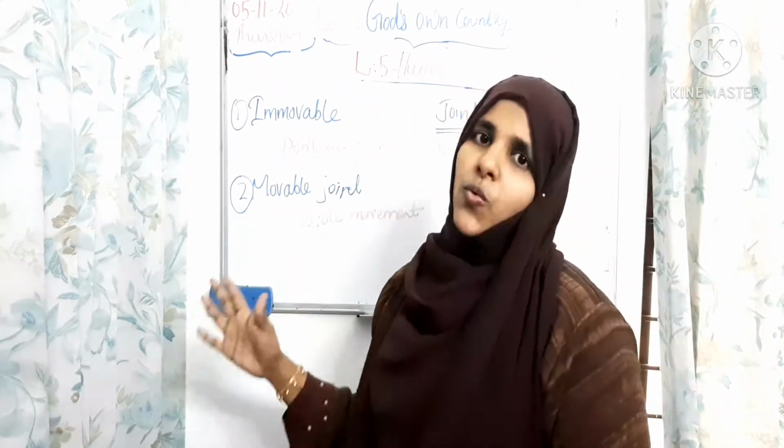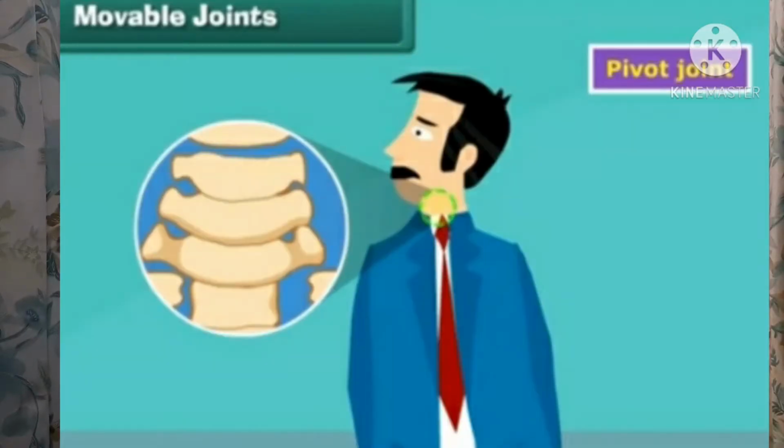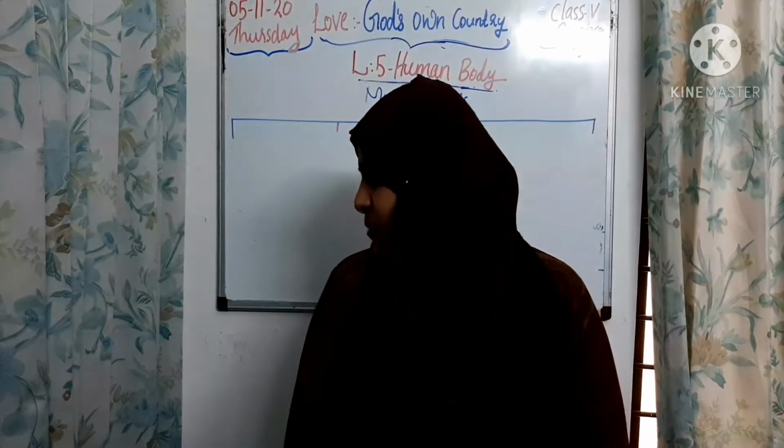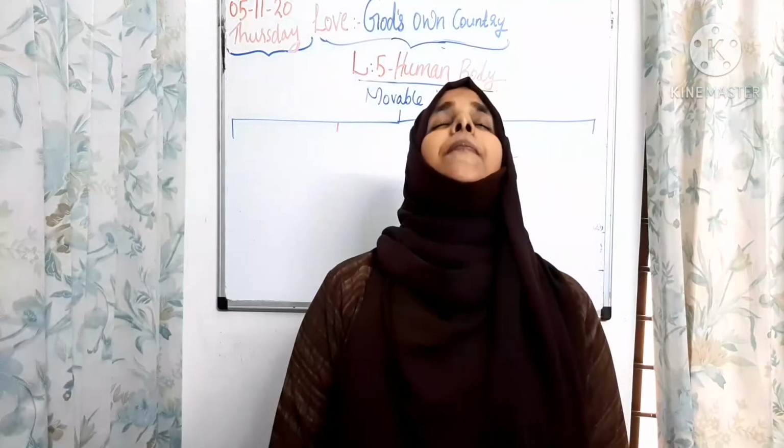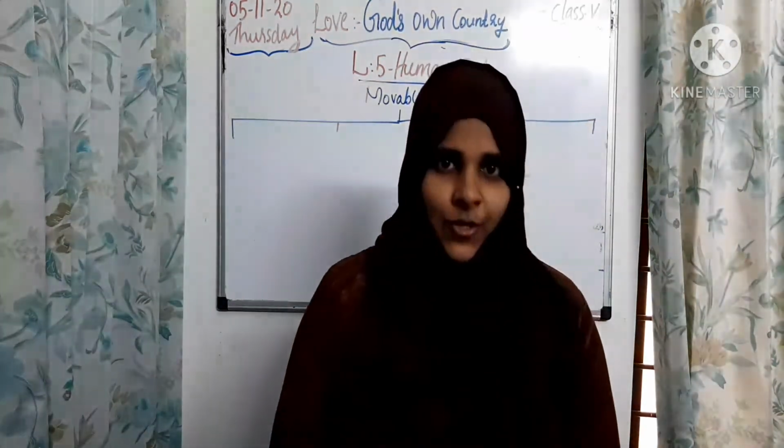Now we can discuss the movable joints in more detail. In the case of our neck, as you rotate it, this is the maximum limit, right? Move your neck on this side, maximum limit, and on this side, then up and down, right, children?